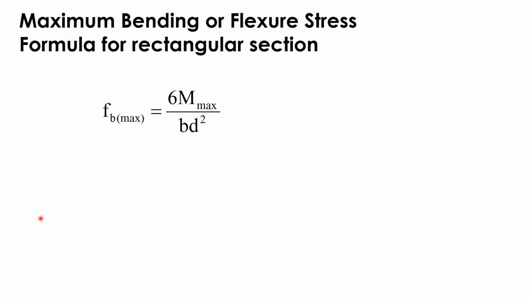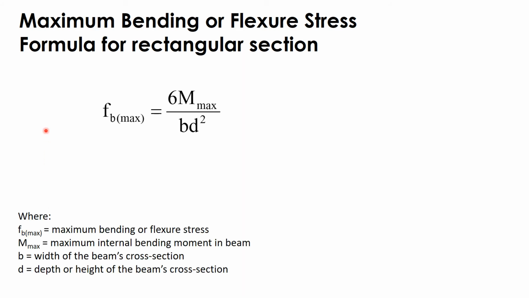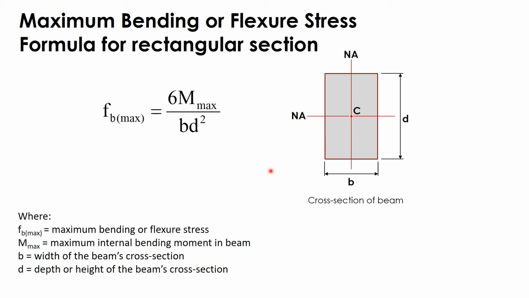So, if you are required to compute for the maximum bending stress for a rectangular section, you can use this formula. To derive this, you will use the general formula, sigma = My over I. And again, the farthest fiber gives the largest value of bending stress, paired with the maximum moment.